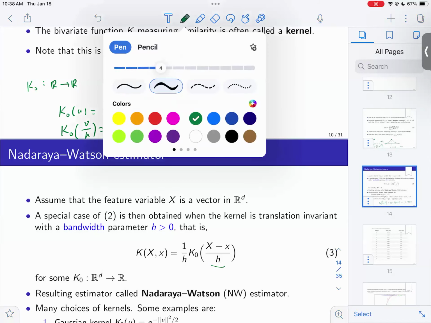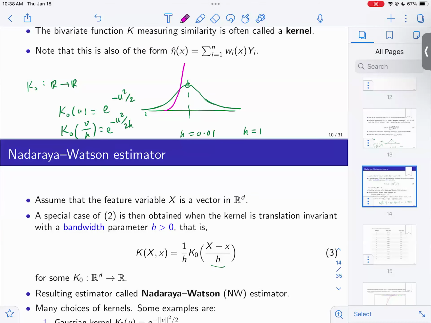So it's either like this if h is small, or flatter if h is big. So this is like an absolute difference, and I'm putting it on a scale. If h is very big, differences that are big are still similar. If h is very small, the differences that are big are very dissimilar.